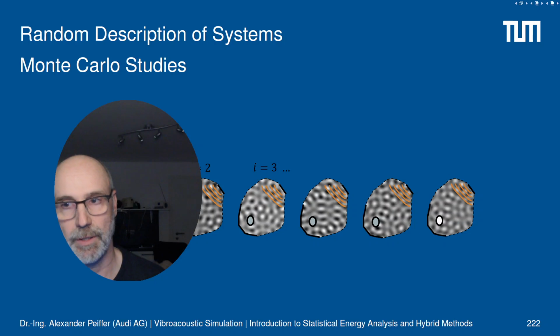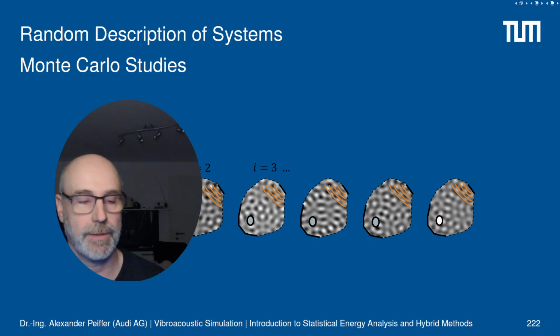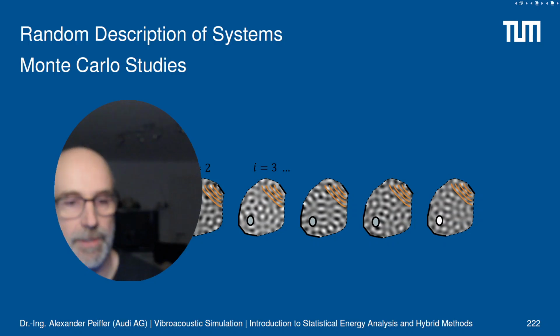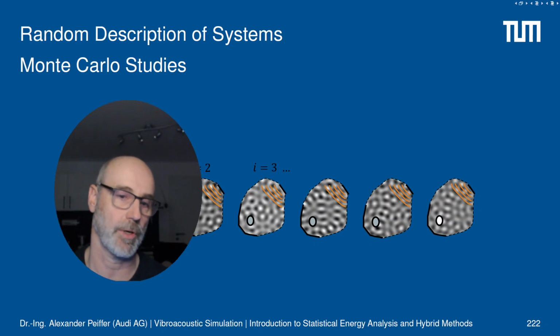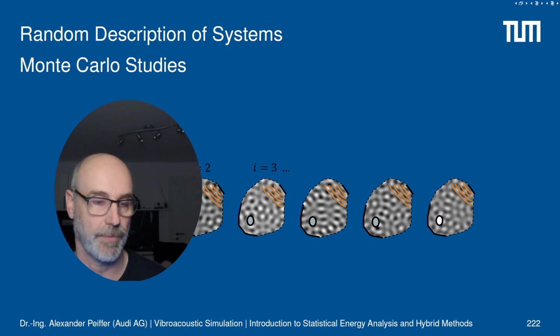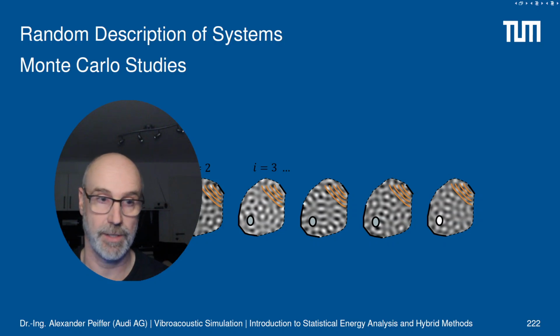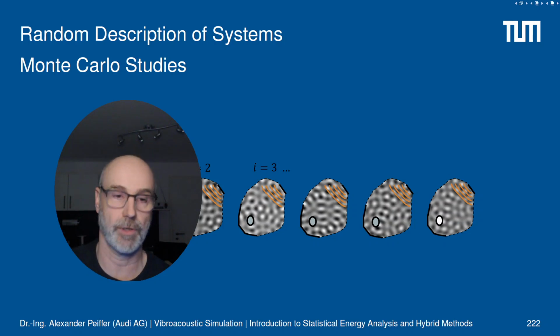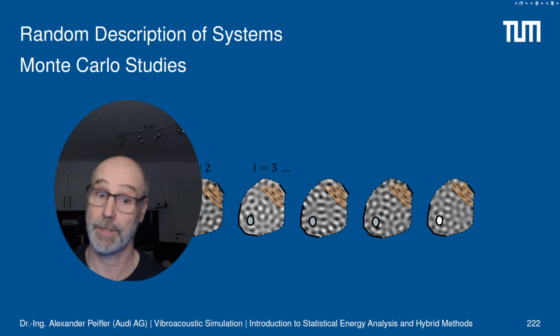That means we try to create a random field or random subsystem by numerical studies, proving many of the assumptions that I've shown you before in the model for the diffuse sound field. So have fun with this session and see you later for session number 16, dealing with exactly the Monte Carlo studies.